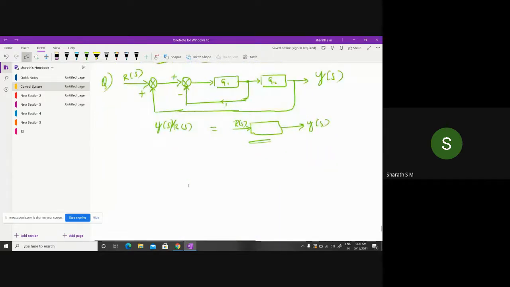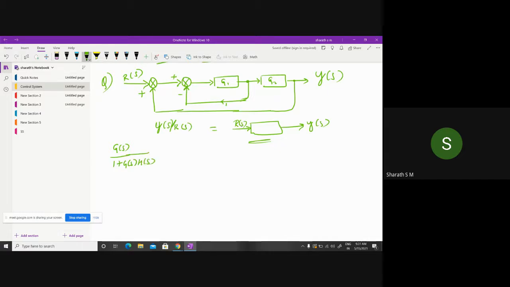We have already solved that. Y of s by R of s is equal to G of s divided by 1 plus G of s into H of s. This is the equation for negative feedback.